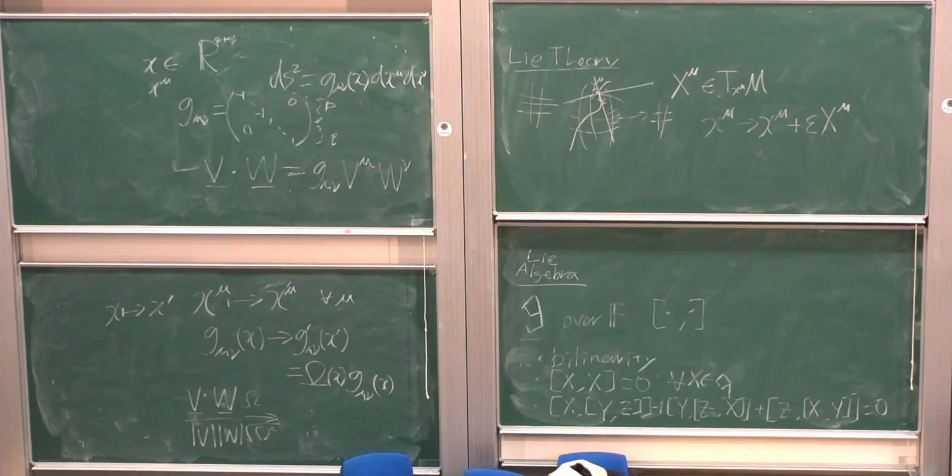It's a differential equation, kind of. So when you have an element of the Lie algebra, you can generate an element in the Lie group by exponentiating, like so.